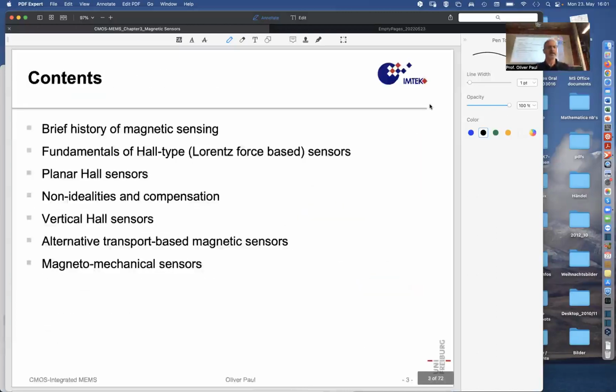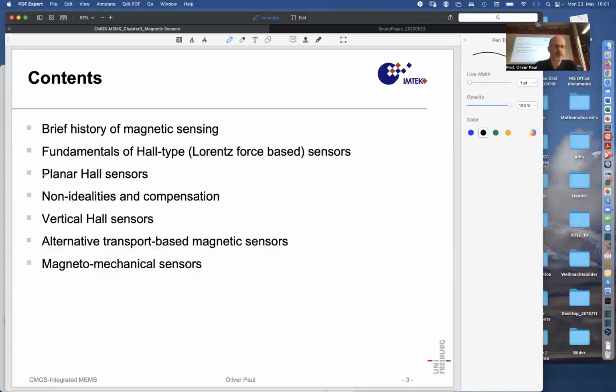In this chapter, I'll give you a brief overview of magnetic sensors, the history and the fundamentals of all types. And then we'll study some theory, which is all based on the Lorentz force.